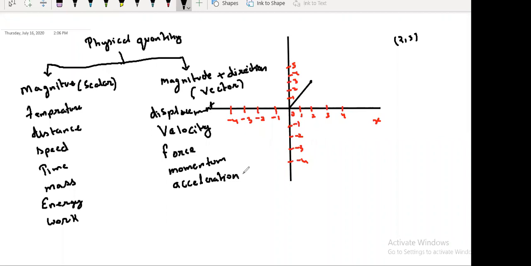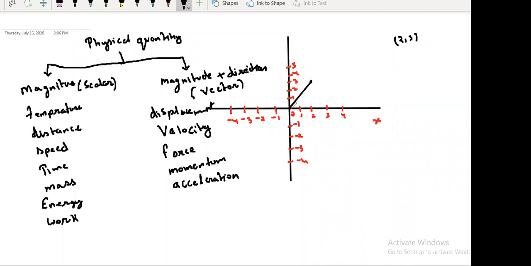Now, vector quantities have both magnitude and direction, so they need a mathematical tool to be represented. That mathematical tool is your vector. For example, the displacement of a particle from origin to this point is this straight line, so I can represent this by a vector.